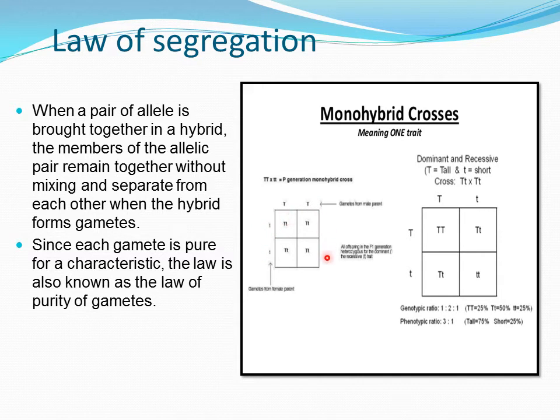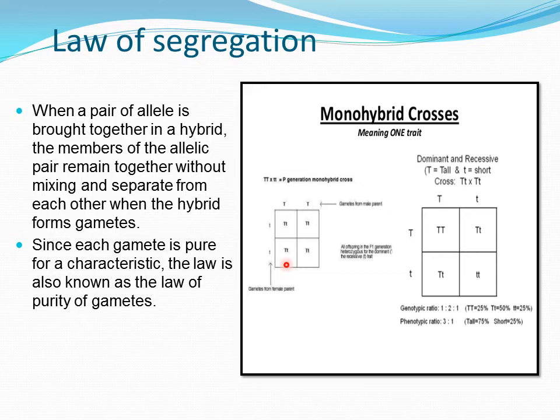So at the end of the monohybrid cross, the F1 generation result, what we have seen, all are heterozygous Tt, Tt, Tt and Tt. So one capital T, one small t. So all are tall. They are all looking similar. So there is no difference in the phenotype, and the genotype is also the same.